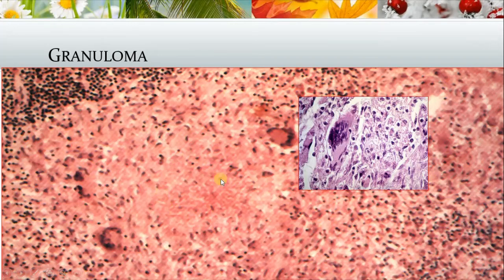Caseation necrosis is absent in other granulomas, whereas it is specific for tuberculous reaction. Also, giant cells can differentiate: well-formed multiple caseating granulomas are usually present in tuberculosis, whereas ill-defined granuloma without necrosis is specific for sarcoidosis.